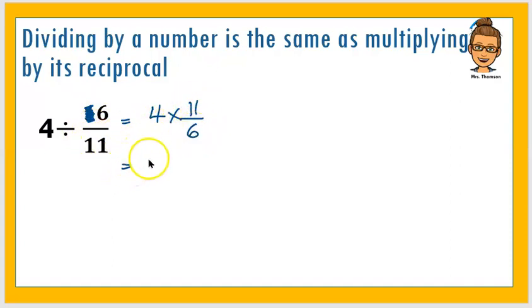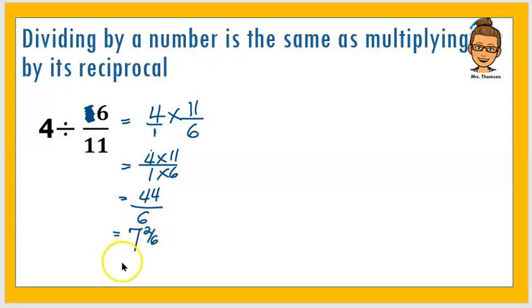When we multiply, 4 the whole number is going to be 4 over 1. So we're going to have 4 times 11 over 1 times 6, which is 4 times 11 is 44 over 1 times 6 is 6. 44 over 6 is an improper fraction that we need to change into a mixed number, and that is going to be 7 and 2/6. 7 and 2/6 can further be reduced to 7 and 1/3.